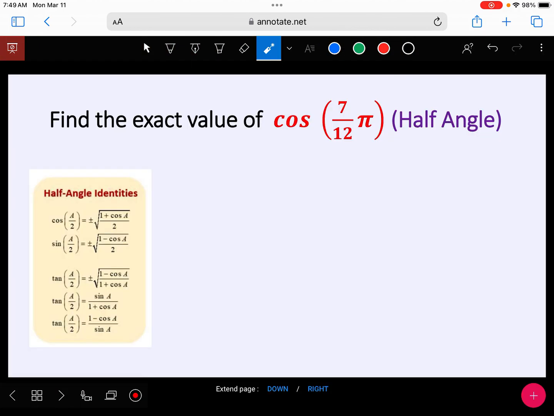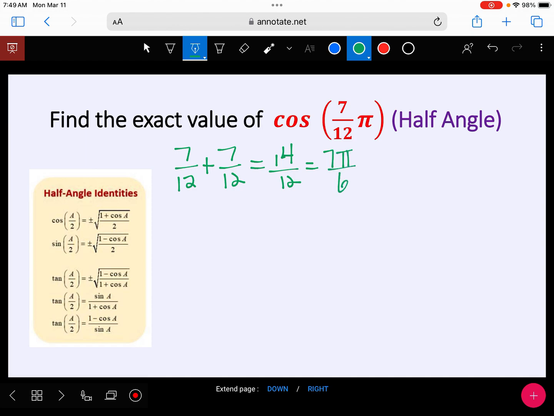All right, go ahead and copy this one down. So this one is in radians. So I know I have to add, which can help me figure out what my angle is going to be.